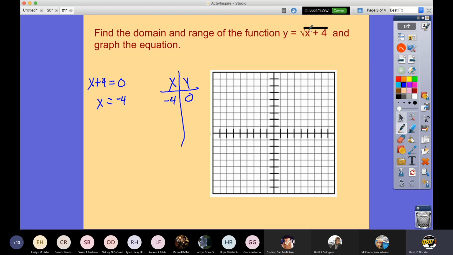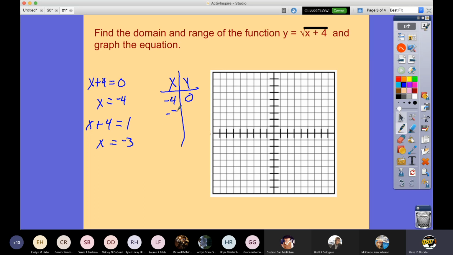So what we want to do is we set our first one equal to 0. Our next biggest perfect square would be 1. Excuse me. So we would have x plus 4 equal to 1, and then we just solve for x here. So x would equal -3.